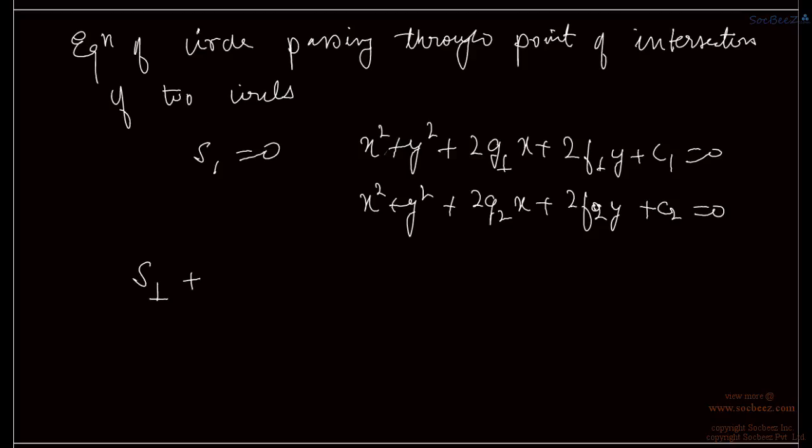So the equation of a circle passing through the point of intersection of these two circles can be written in the form S1 + λS2 = 0, where λ is a variable.